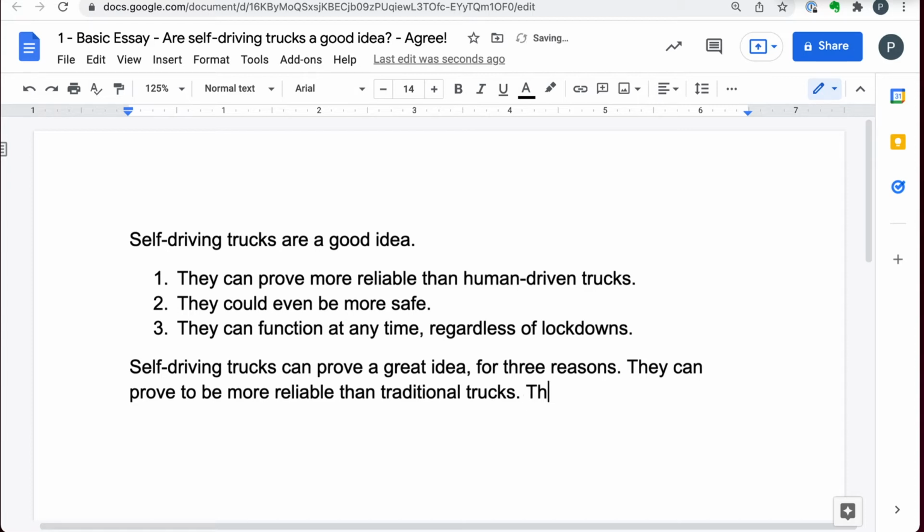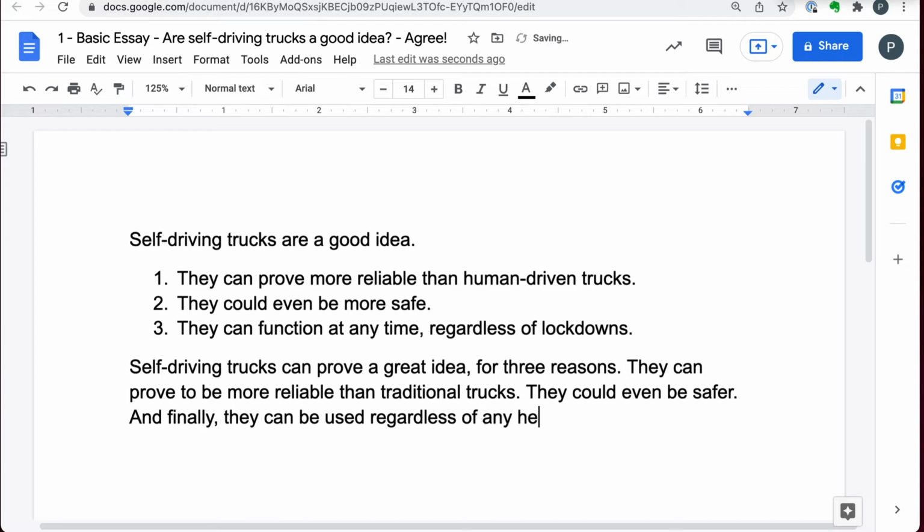Second, they could even be safer. And finally, they can be used regardless of any health hazards in society. There we go. And of course, we're talking about something like the pandemic. Okay. All right.